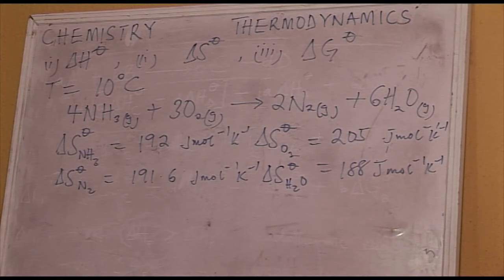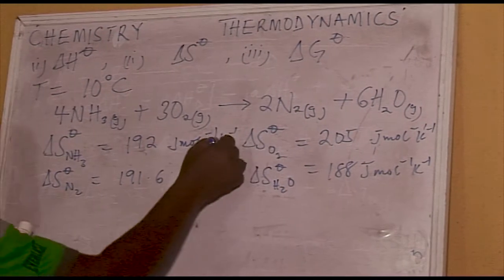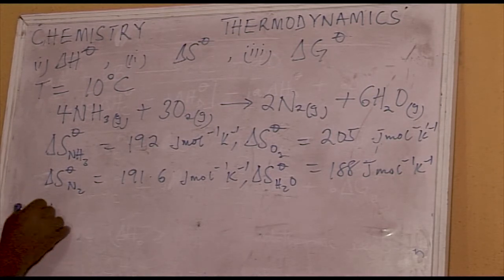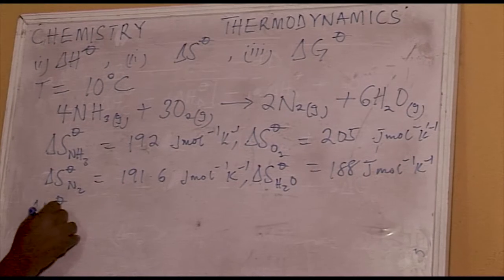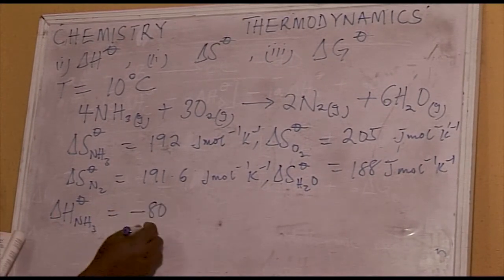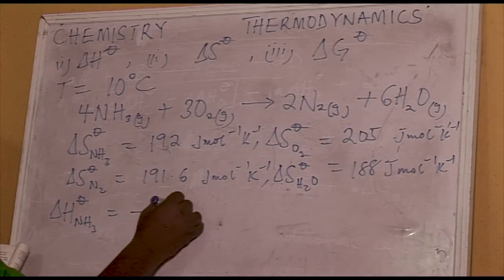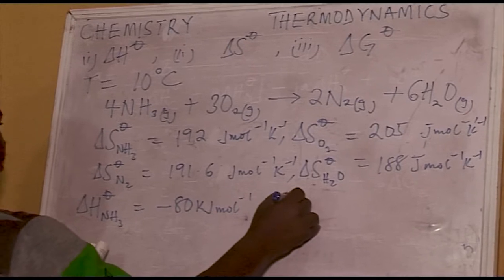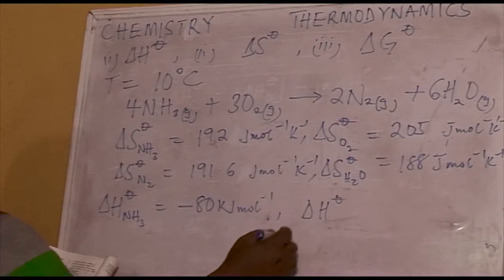So the standard entropy of ammonia, 192 joule per mole per Kelvin, that of oxygen, 205 joule per mole per Kelvin, that of nitrogen, 191.6 joule per mole per Kelvin, and that of gaseous water, 188 joule per mole per Kelvin. So they gave us that of the enthalpy change of each of the components too. That of ammonia is given as minus 80 kilojoule per mole.